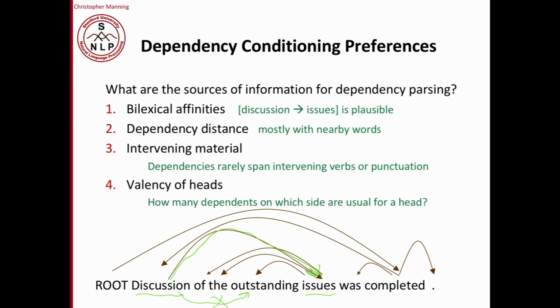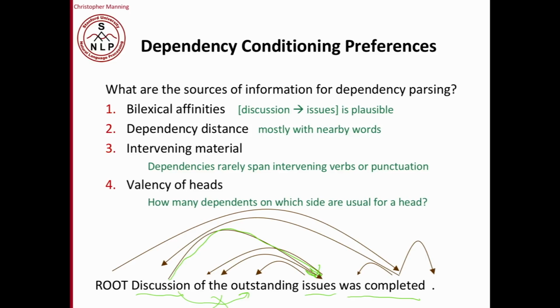There's a question of how far apart words are. Most dependencies are fairly short distance, though not all of them are. There's a question of what's in between. If there's a semicolon in between, there probably isn't a dependency across it. And the other issue is how many arguments things take. Here we have was completed. If you see the words was completed, you expect there'll be a subject before it, and it'd be wrong if there wasn't.